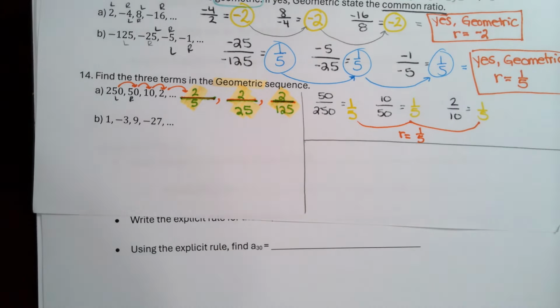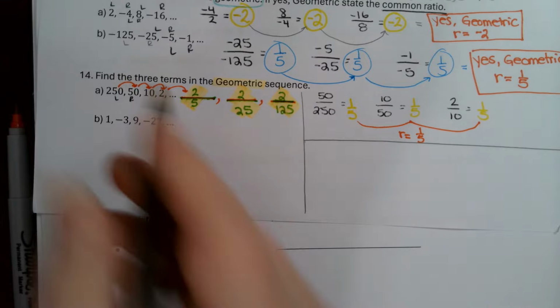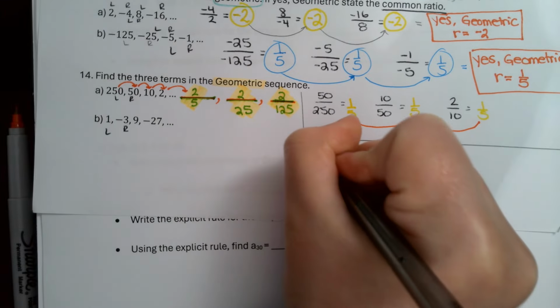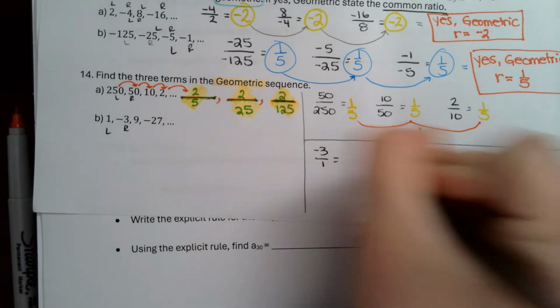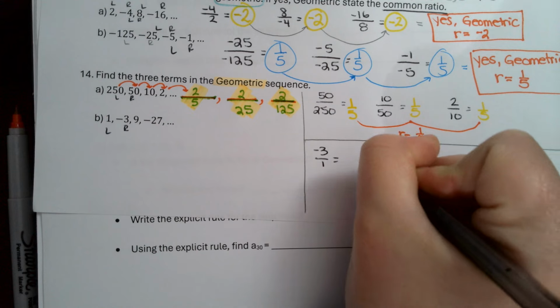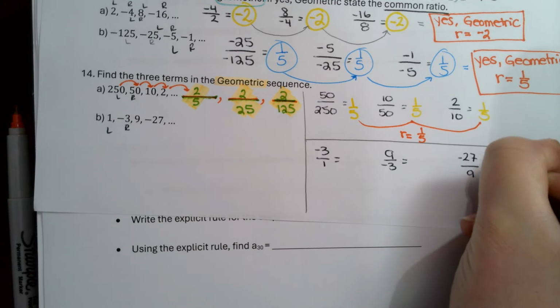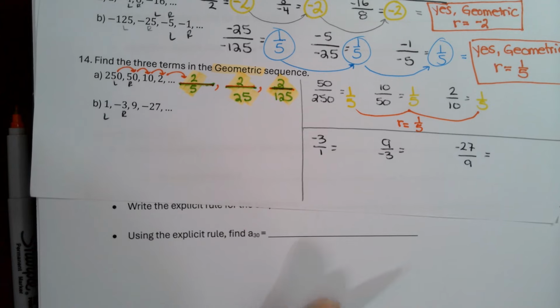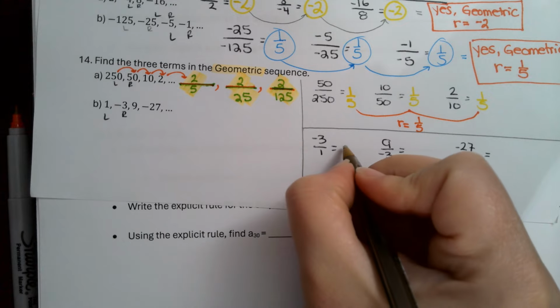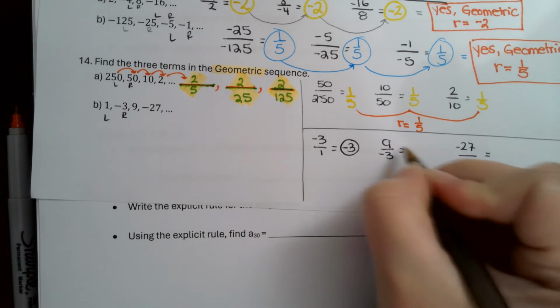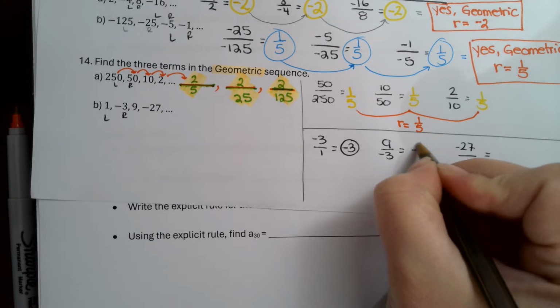Let's do the next one, B. Take your right divided by your left, so -3 divided by 1. Take your right divided by your left, 9 divided by -3. And take your right divided by your left, -27 divided by 9. -3 divided by 1 is -3. 9 divided by -3 is -3.